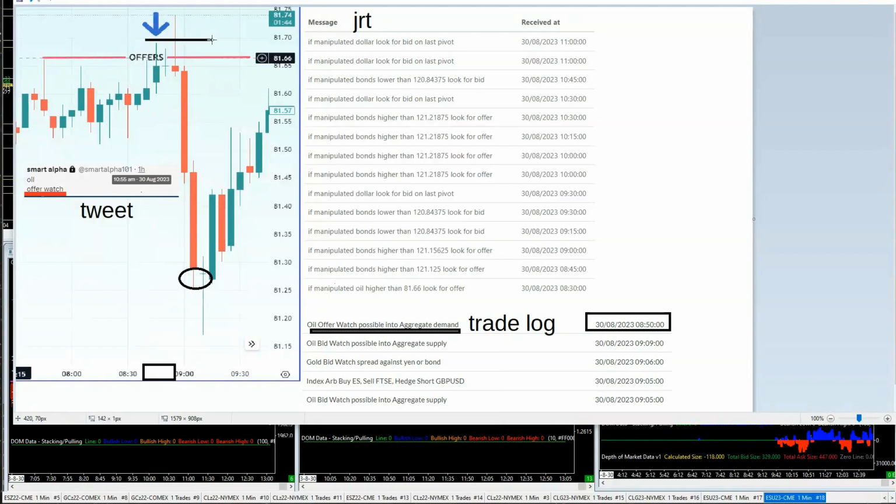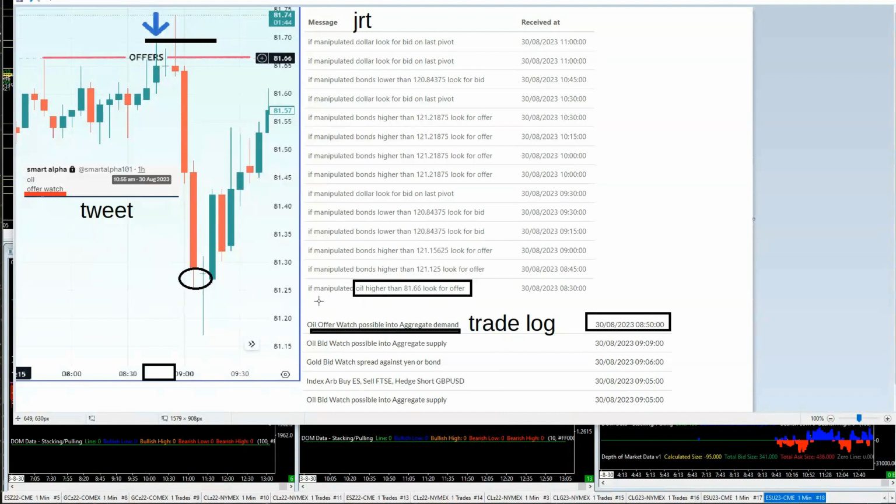See it? And if you look through the JRT triggers, and you look at the 830 JRT, you can see that this is the oil trigger. You'll see that there's been no other oil triggers right through that whole process. No other oil triggers.